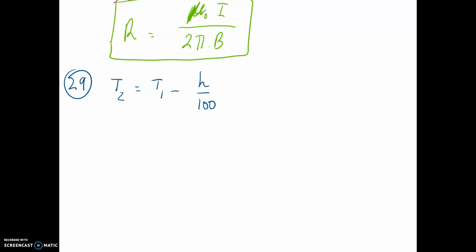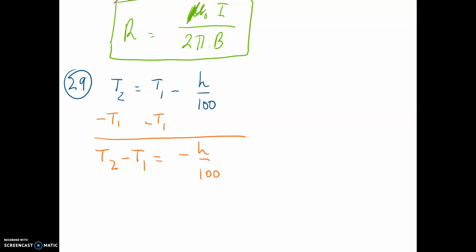So if I'm looking to isolate H, I need to get rid of T1, I need to get rid of the negative in front of the H, and I need to get rid of the 100. Before taking care of the negative and the 100, I need to get rid of the T1 by subtracting T1 both sides. When I subtract T1 both sides, I end up with T2 minus T1 equals negative H over 100.